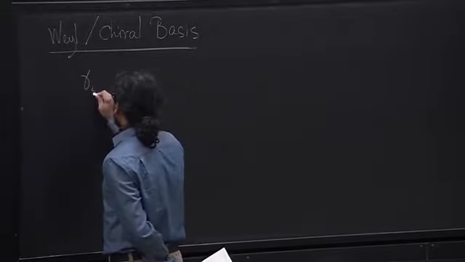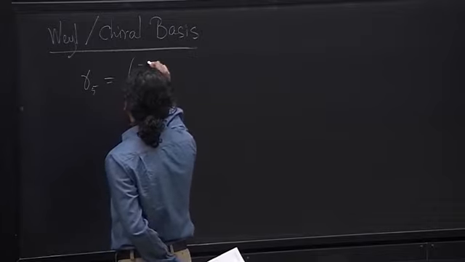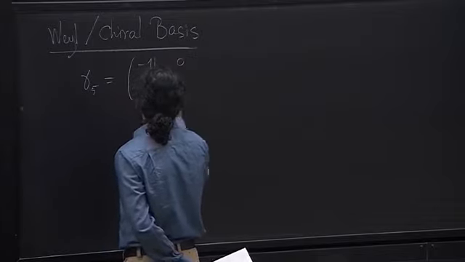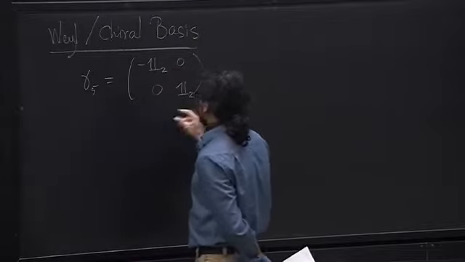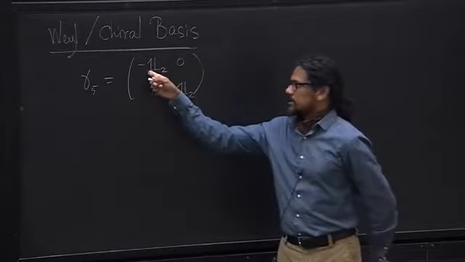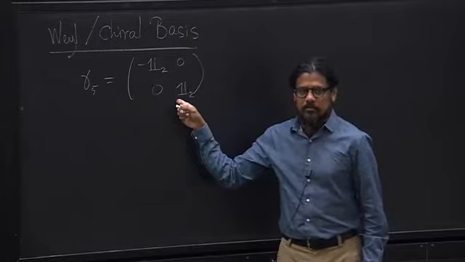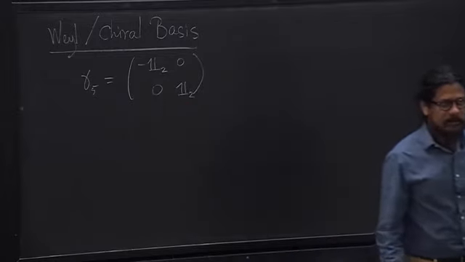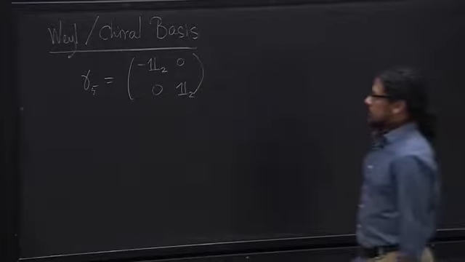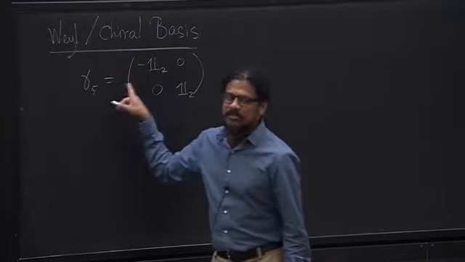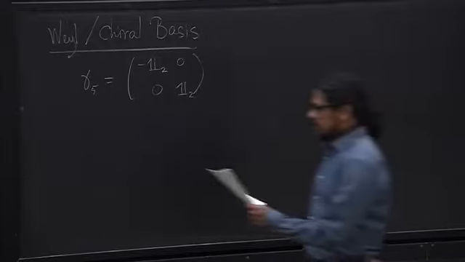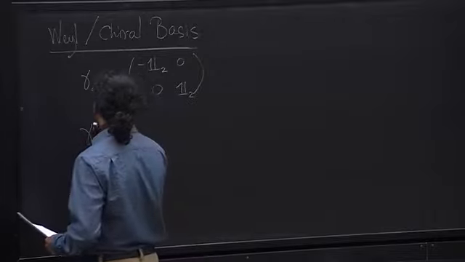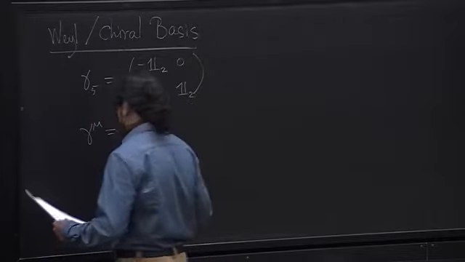So gamma 5 has this form in that basis. I'm not going to write this explicitly in the future, but these are 2 by 2 unit matrices, okay? Identity matrices. So the basis in which gamma 5 takes this form is known as the Weyl basis or the chiral basis. And in this basis, the Dirac matrices take a very nice form.